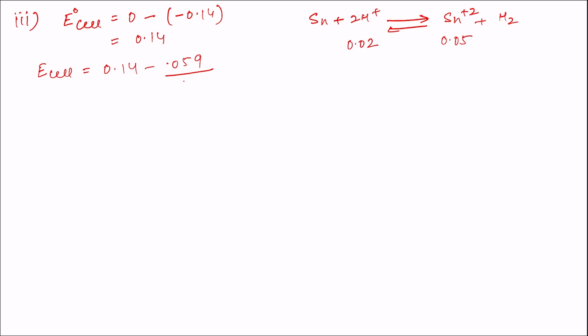Now number of electrons involved is 2 and log concentration of tin ions, log product by reactant. So product is 0.05 divided by reactant is 0.02. Solving, this is equal to 0.14 minus 0.062, which is equal to 0.078, which is approximately equal to 0.08 volt.